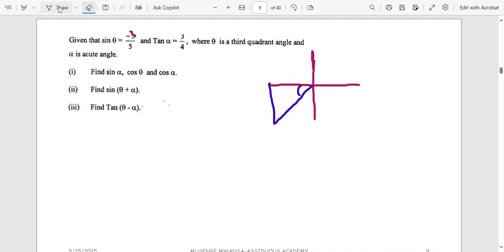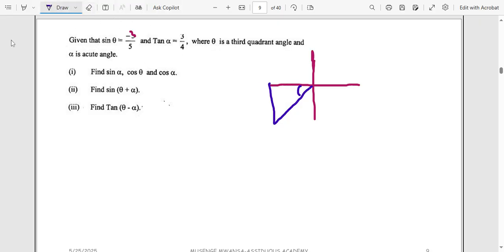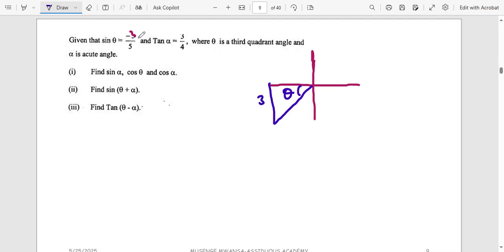For sine, the one that contains theta, this is theta. Now remember, sine is given by opposite over hypotenuse. So this 3 is the opposite side and the hypotenuse is 5. You need to know that the hypotenuse is always positive. Why?